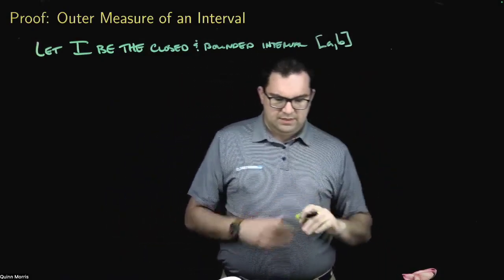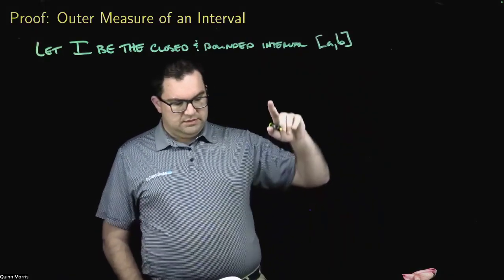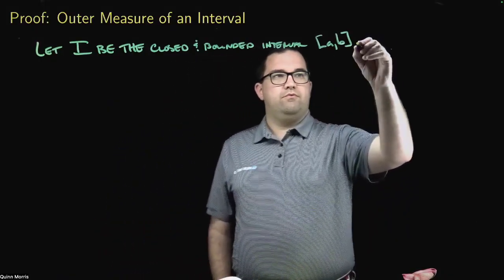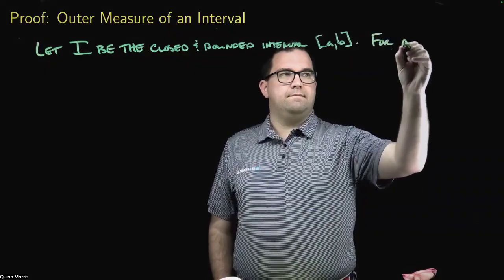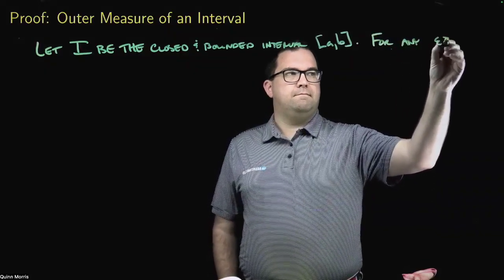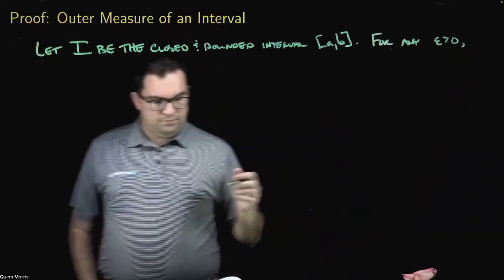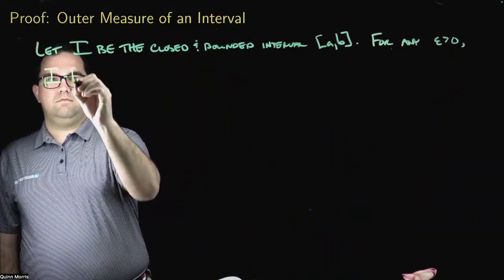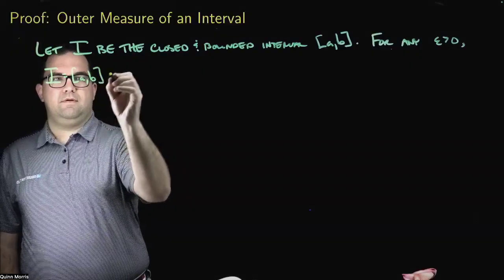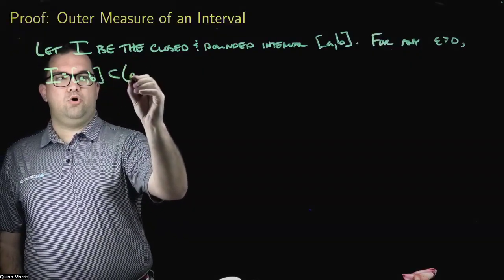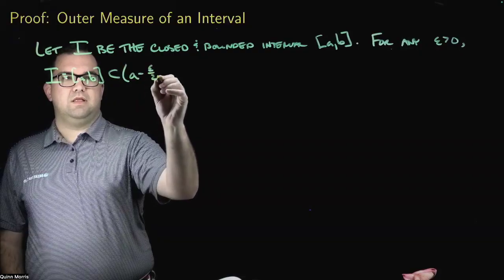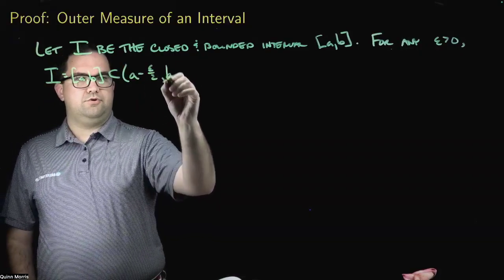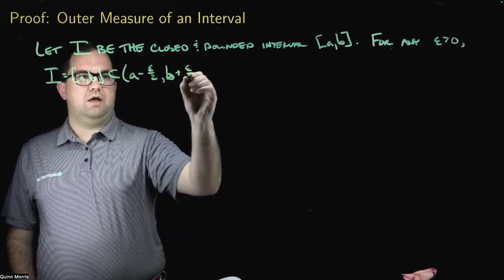So the first thing that we will note is that for any epsilon, this interval I, which is just [a, b], is contained in the open interval (a minus epsilon over 2, b plus epsilon over 2).